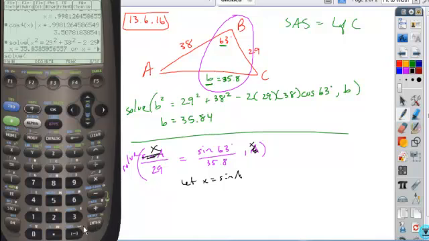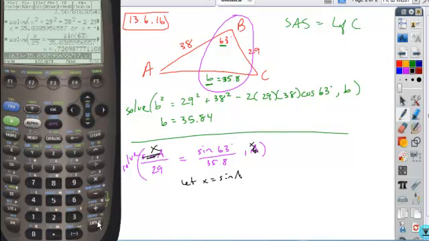So F2 algebra tab, enter our equation: x divided by 29 is equal to the sine of 63 divided by the side that we just got, which again I'll have to delete the negative part, and I'll delete the x equals part. And then at the end of this, I can solve for my x.